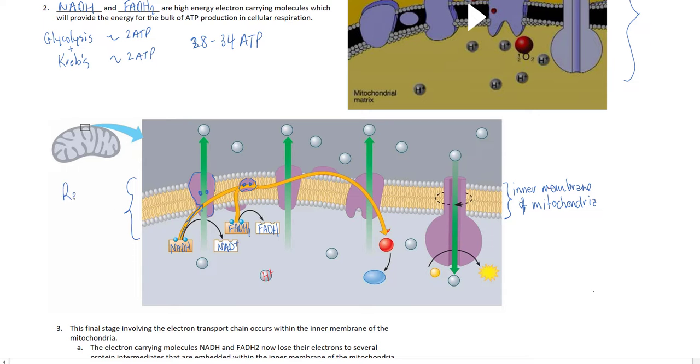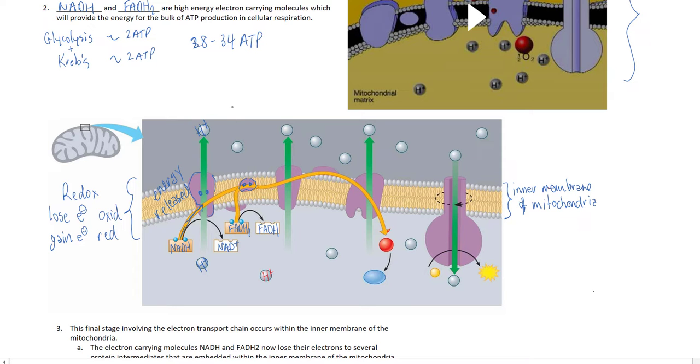As one substance, the NADH or FADH2, loses electrons, we've got an oxidation, and as the proteins accept electrons, they're gaining electrons, so they're becoming reduced. So again, it's this coupling of an oxidation to a reduction reaction. With that, energy is released, and that energy released is used to move these protons, these hydrogen ions, across the membrane.